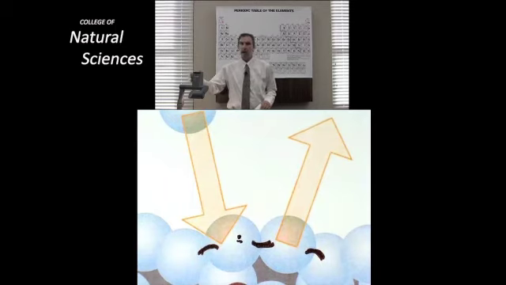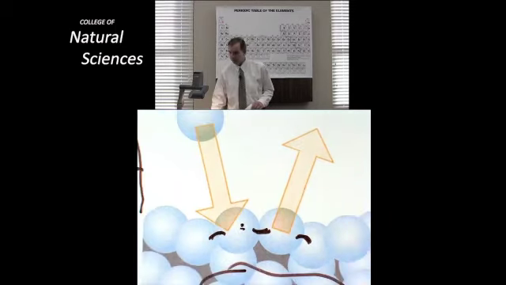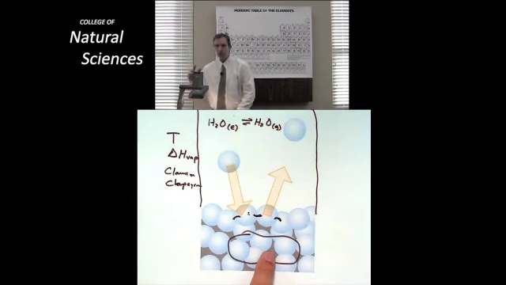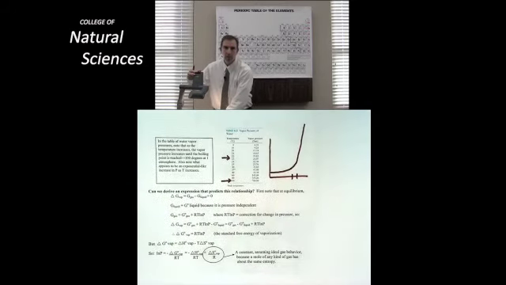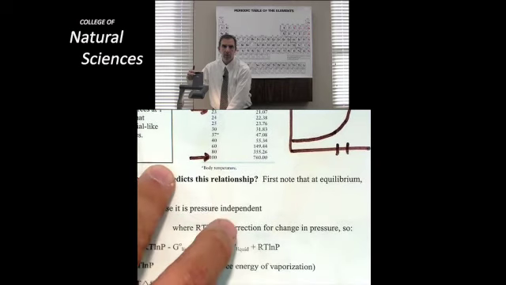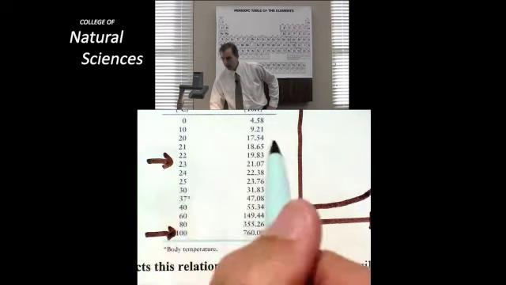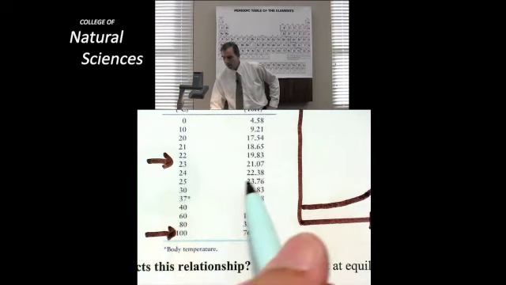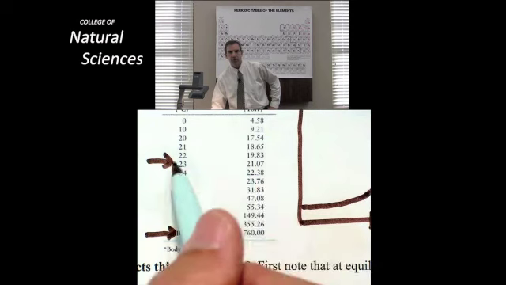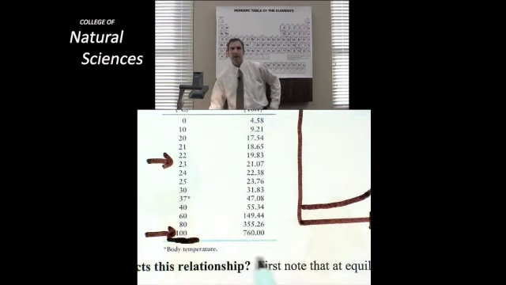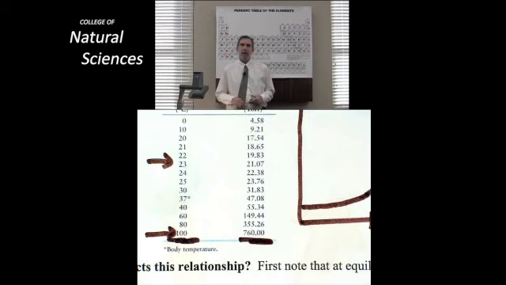And I have gone from having a process which is a surface phenomenon to a process which is a solution phenomenon. So let's understand that, as we look at this data right here, everything up here is occurring below the boiling point, and so the vapor pressure is a surface phenomenon. But the second I get to 100 degrees, I start making bubbles inside the solution, and I now have boiling. It's no longer simply a surface phenomenon.